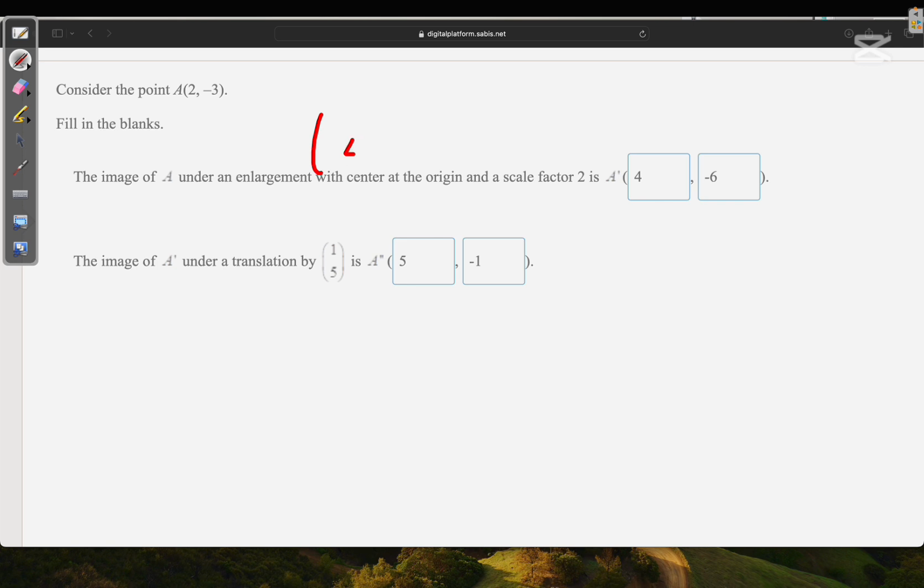So 4, negative 6. And then the image of A prime under a translation by 1, 5. So here we need to add 4 with 1 and negative 6 with 5, which gives us 5, negative 1.